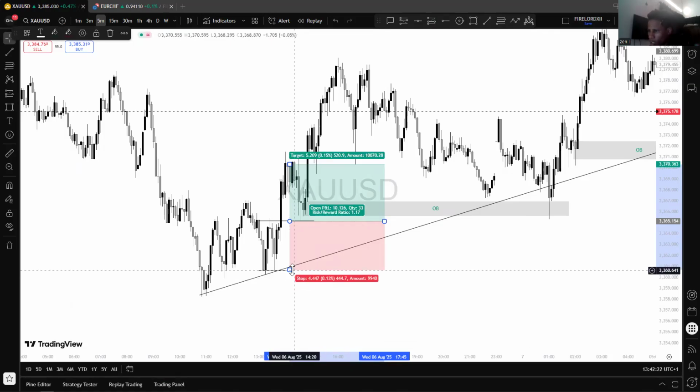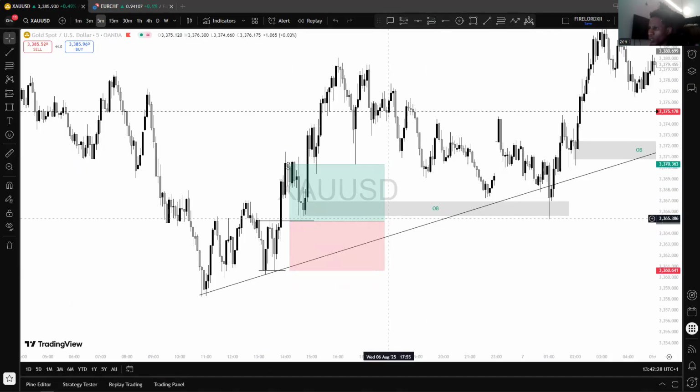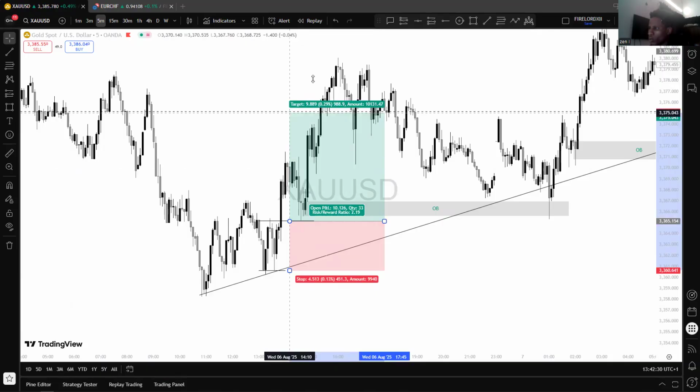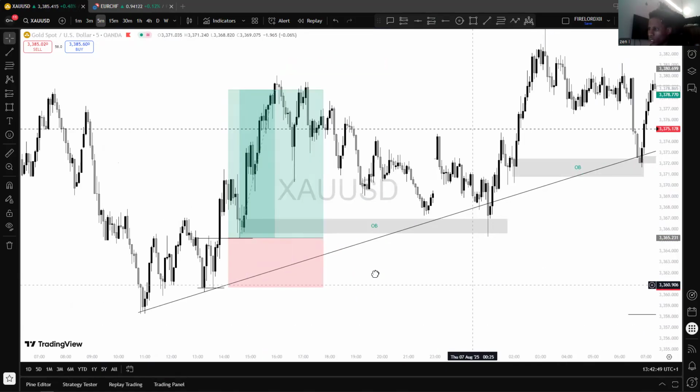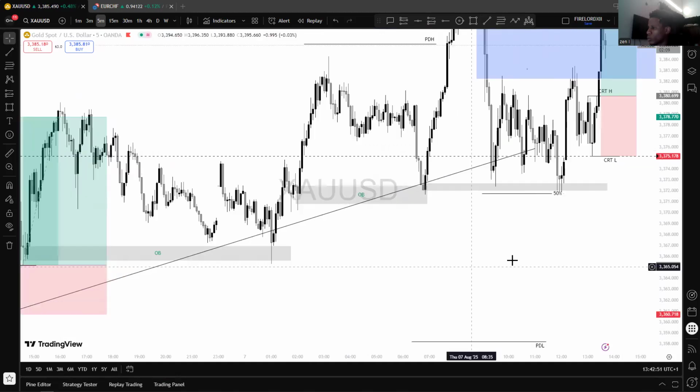Here, yes, now we had the setup. We had the setup and it pushed 1 to 3 RR with it. Yeah, this particular setup.